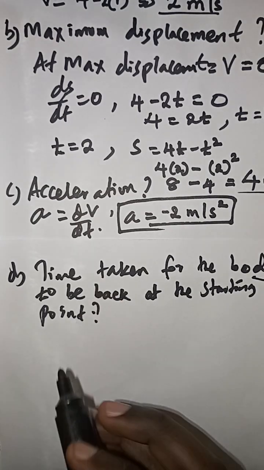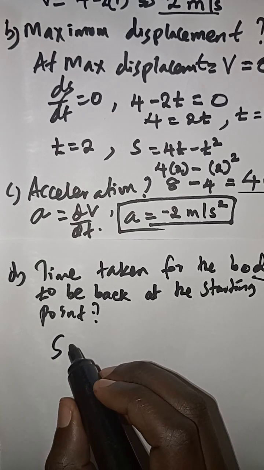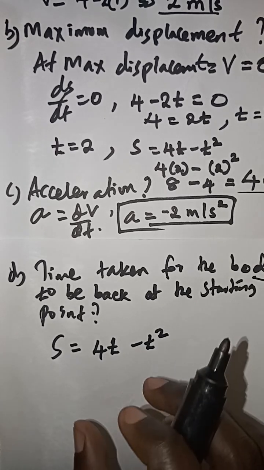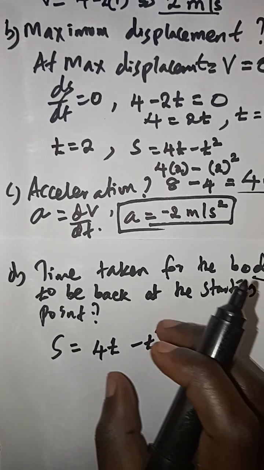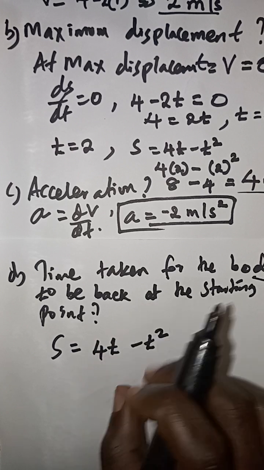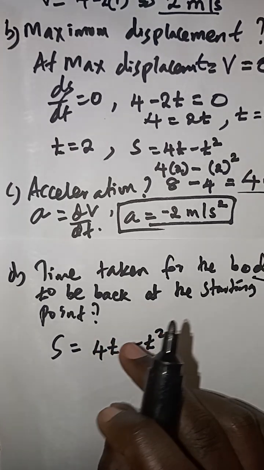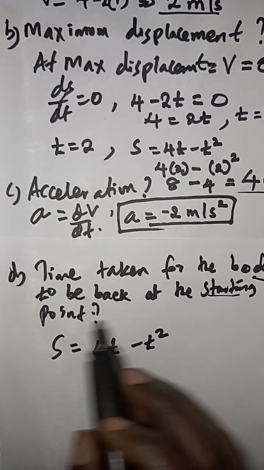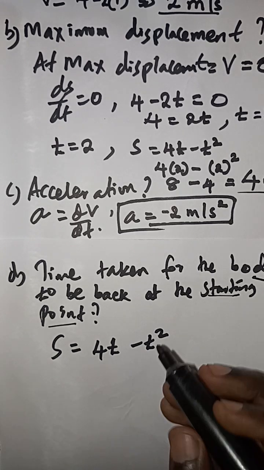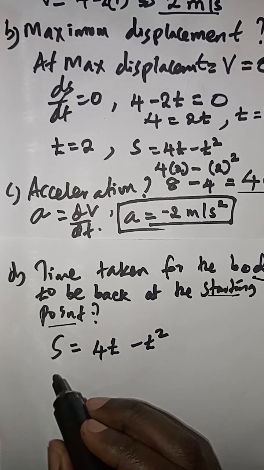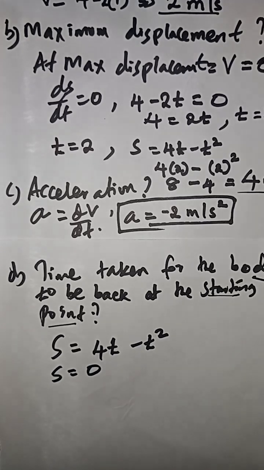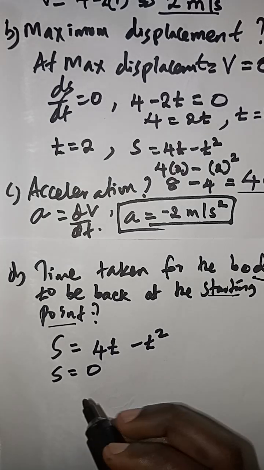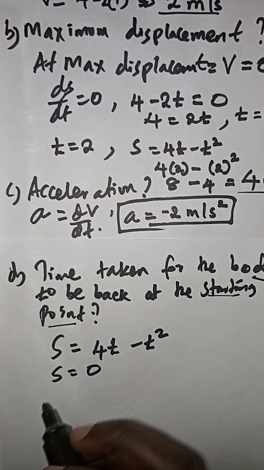At the starting point, remember our displacement function s equals 4t minus t squared is the pattern that this body is taking at any given time t when it is moving. But recall that at the starting point, S equals 0. When it reaches the maximum point and returns, the displacement S equals 0.